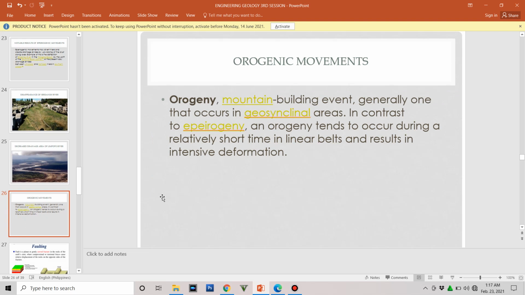And from orogeny, this is actually a mountain building event, generally one that occurs in geosynclinal areas, where it is in contrast to EPEIROGENY. So it tends to occur during a relatively short time in linear belts and results in intensive deformation. Okay.